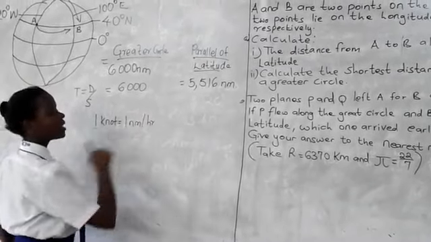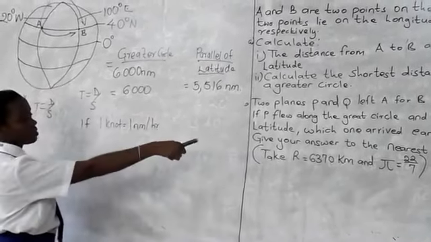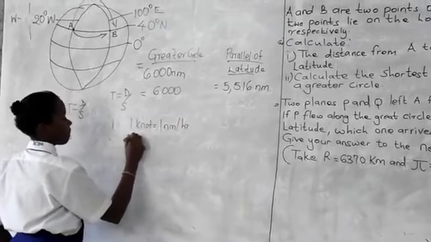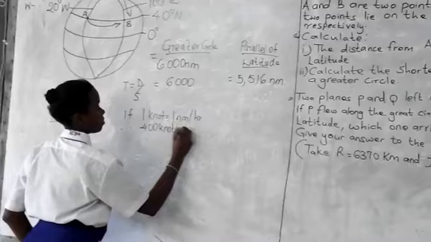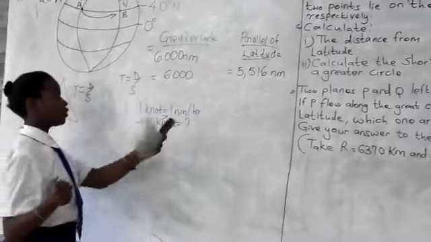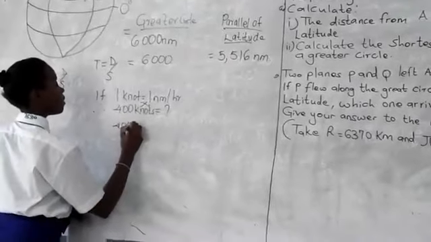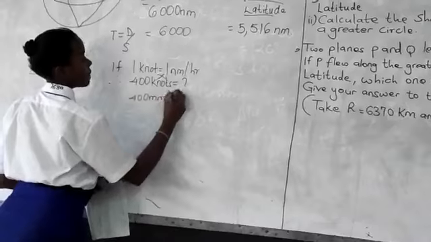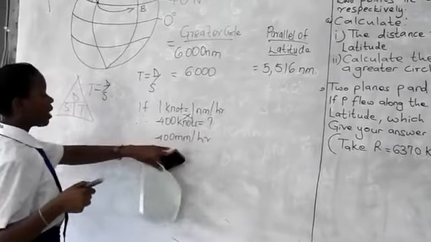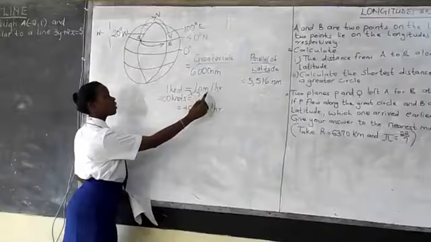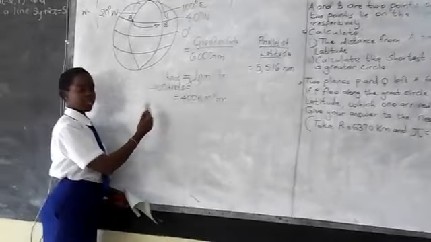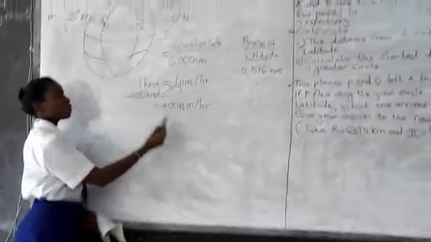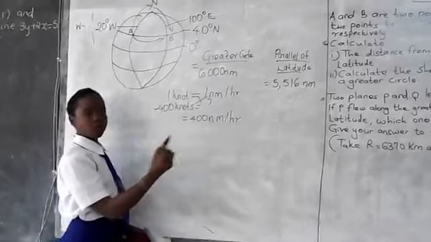What about 400 knots? We'll find that it will be 400 nautical miles per hour. This one now will be our speed.